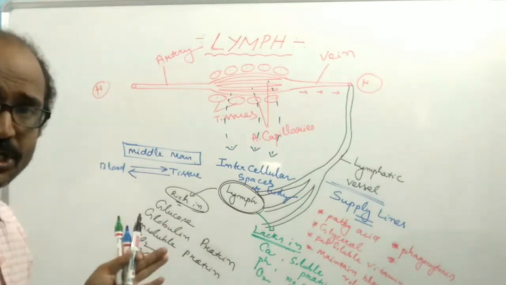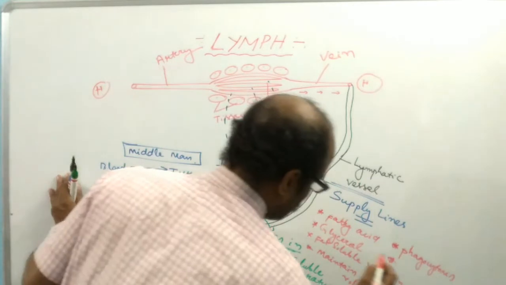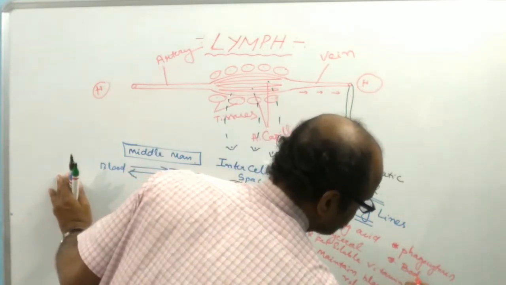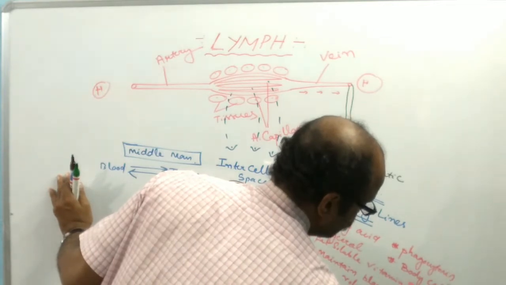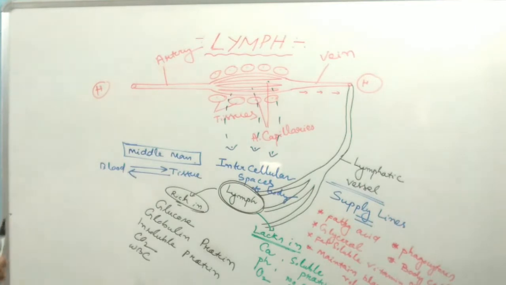It keeps the tissues or the cells of our body moist. So these are the main functions of the lymphatic system.